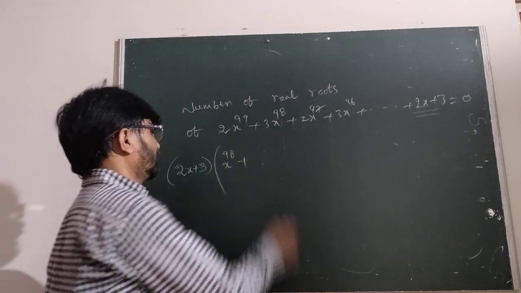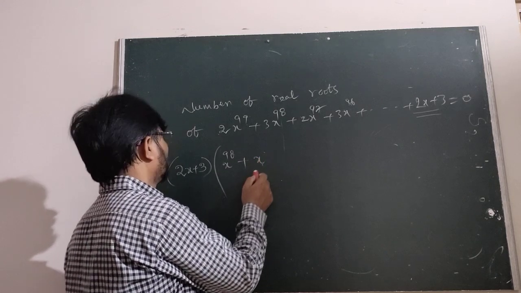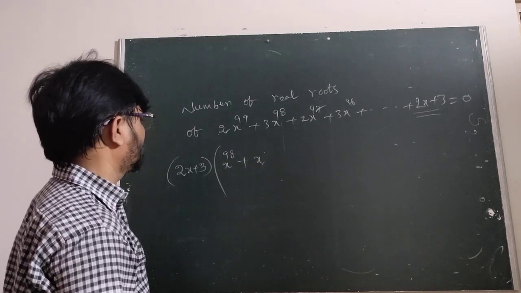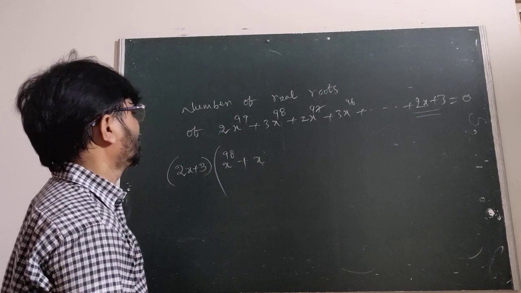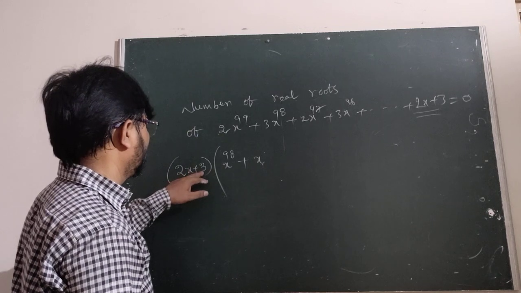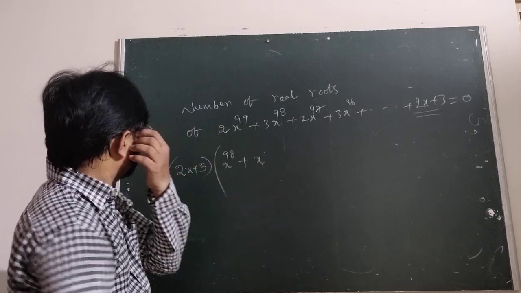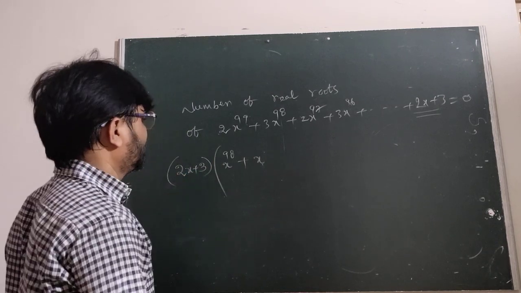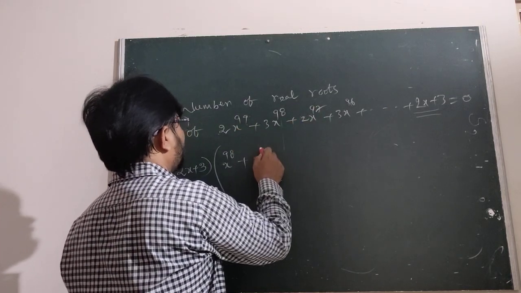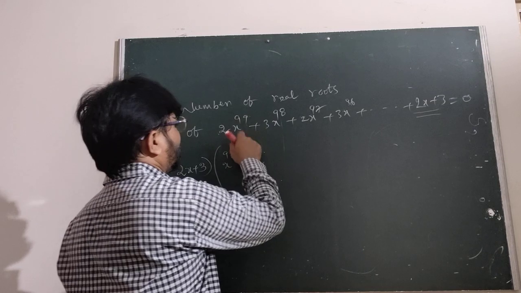After that this is x power. So simply we can write 2x plus 3 as the common factor. Undoubtedly you can write 2x plus 3, this is 99. Now we can think here, this is x power 98, 3x power 98.